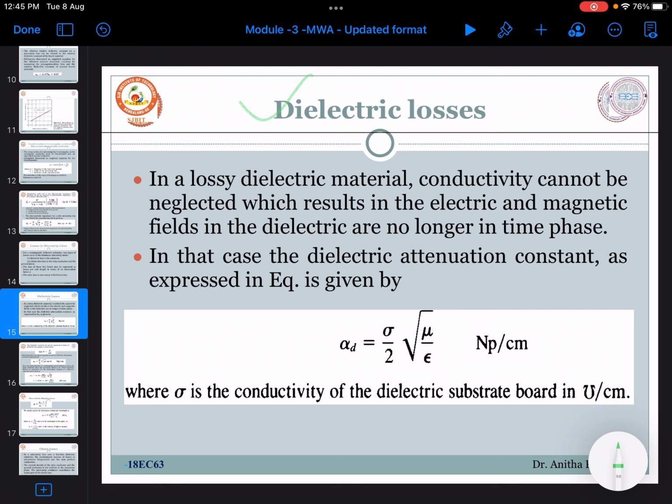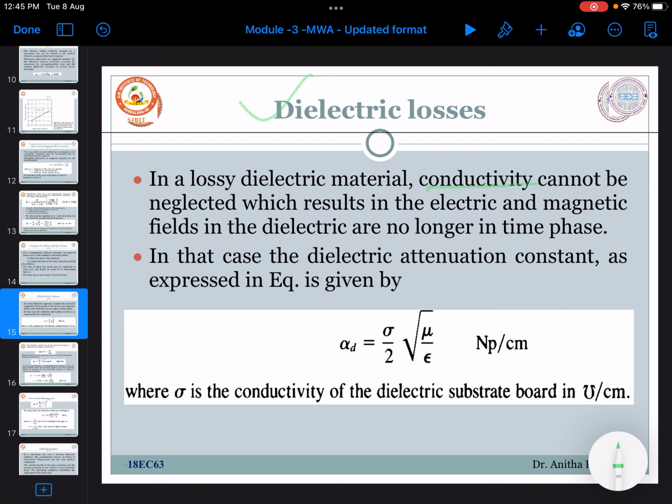First one, dielectric loss. In a lossy dielectric material, that means the substrate material we have considered, obviously it is not an ideal one. In a practical one, instead of a pure dielectric, you will have a conductivity also, which you can't neglect.